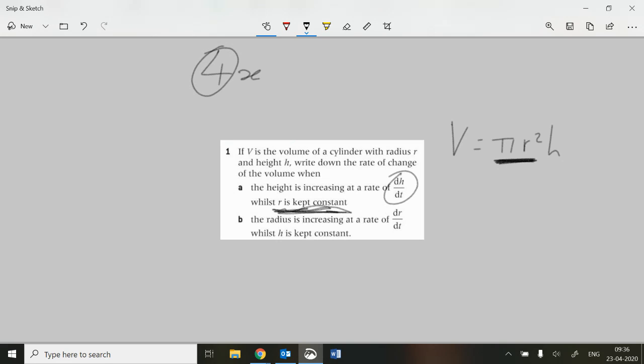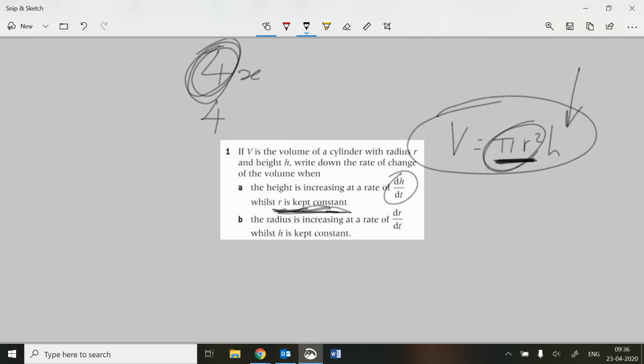So when you differentiate this, you just get 4. So if we differentiate this with respect to h, which is the thing which is varying there, then again, just like in this case, you'll just get this constant in front left when you differentiate it. So in this case, your dV/dh is equal to pi r squared, because r is constant and h is the variable.